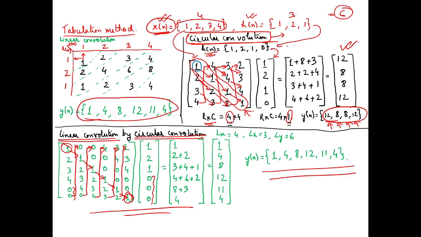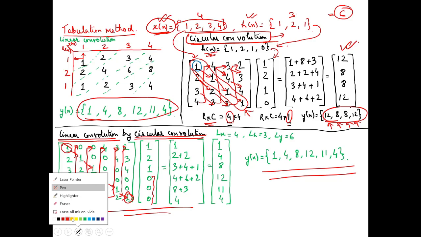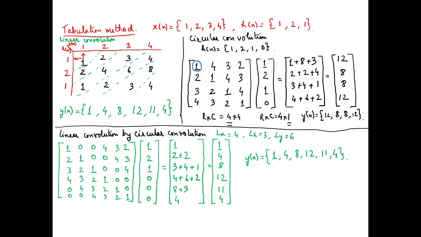If I just ask you to perform circular convolution, you need to check both the sizes. If one of the sizes is smaller, whether it is xn or hn, you just pad it with zeros to make both the signals the same length, and then you perform circular convolution.